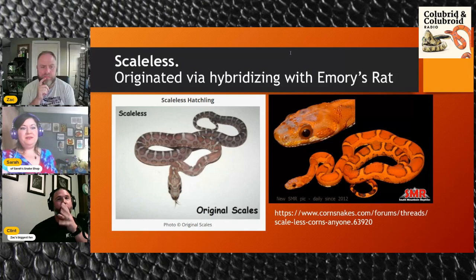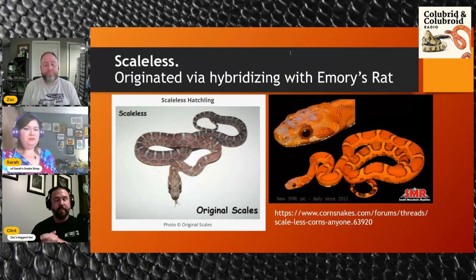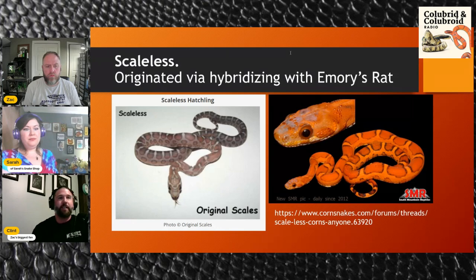If you've not really paid attention to scaleless corns before, you could have the different morphs that you may be familiar with, whether it's a normal or, let's say, an anerythristic. If it's something that you have seen before, the scaleless version is not going to be the exact same look, but without scales. The colors are different.